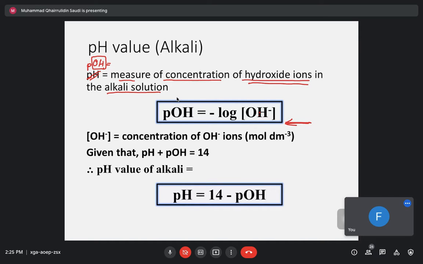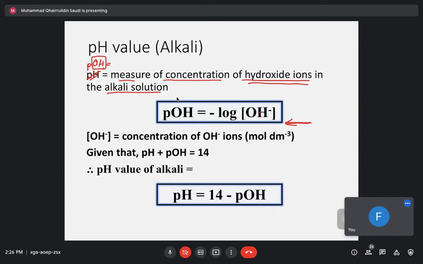Faham? Okay. So, disebabkan acid sentiasa di-associate with hydrogen ions, so naturally memang kita selalu kira dia punya concentration of hydrogen ions lah, betul? Sebab dalam acid kita tahu ada hydrogen ion, betul? Okey. Dalam alkali, kita selalu kira hydroxide ion. Sebabkan hydroxide ion tu yang menyebabkan alkali shows its alkali properties.